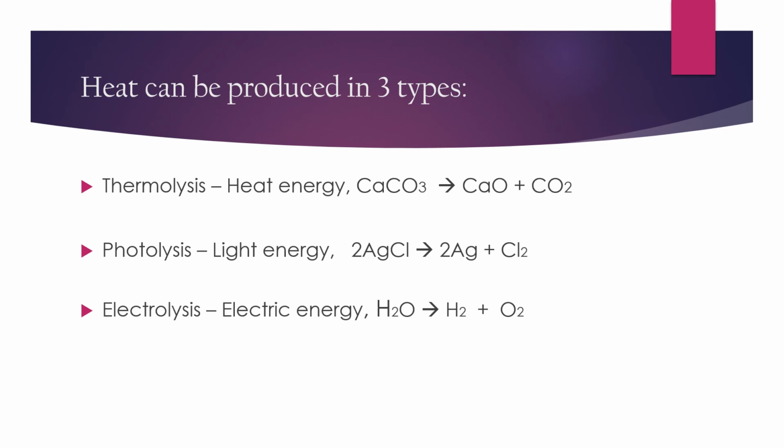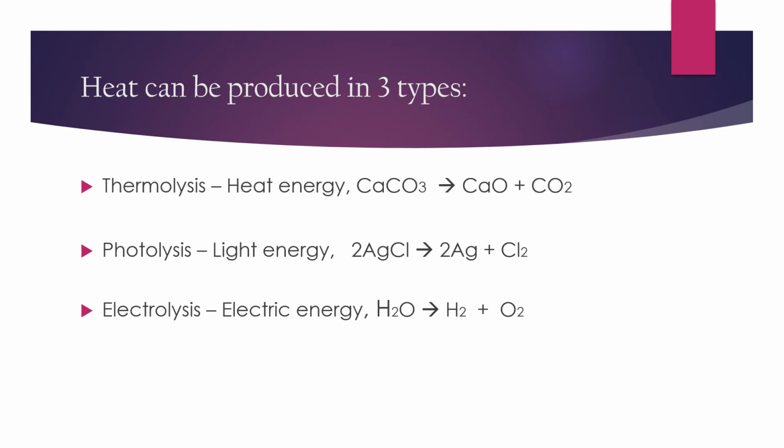The same example, CaCO3, calcium carbonate: heat is supplied to the calcium carbonate to form calcium oxide, that is CaO, plus CO2, that is carbon dioxide. The reactions where heat is supplied will be known as thermolysis.